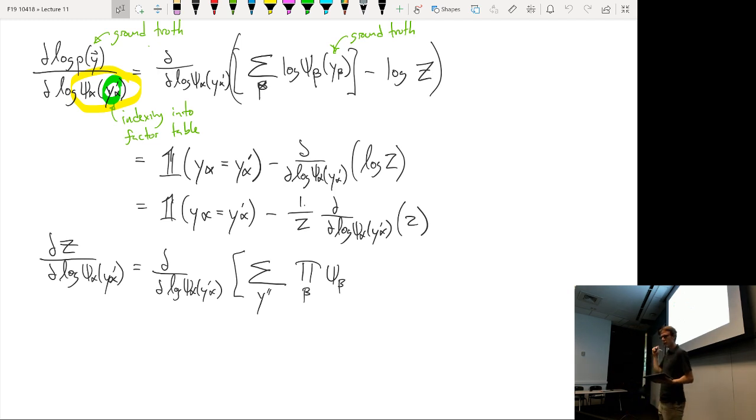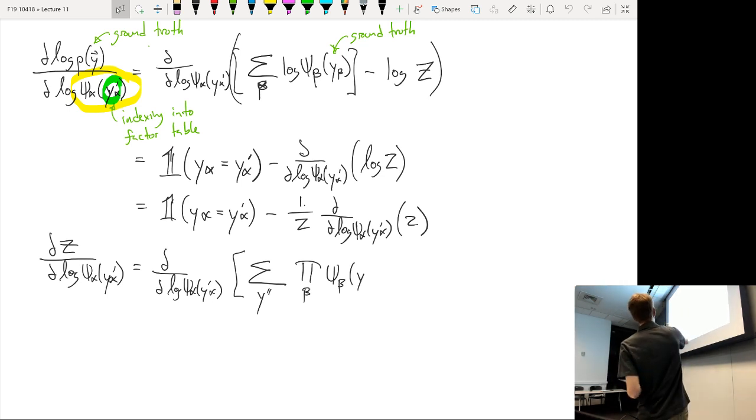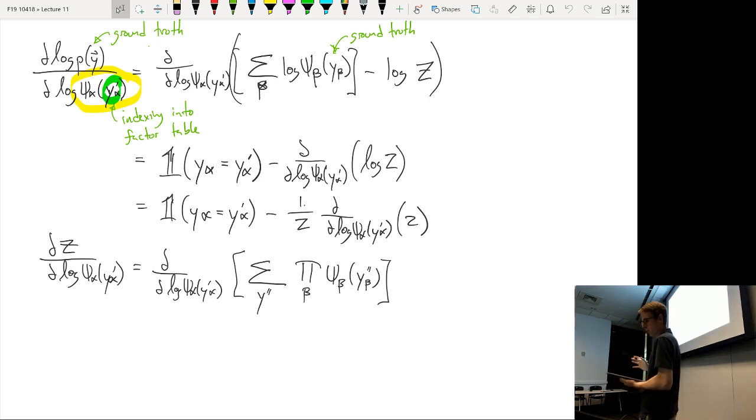Now we just need to take the derivative for the sum, and the first thing we're going to do is find that we can throw out a bunch of the values of y prime that we don't care about.